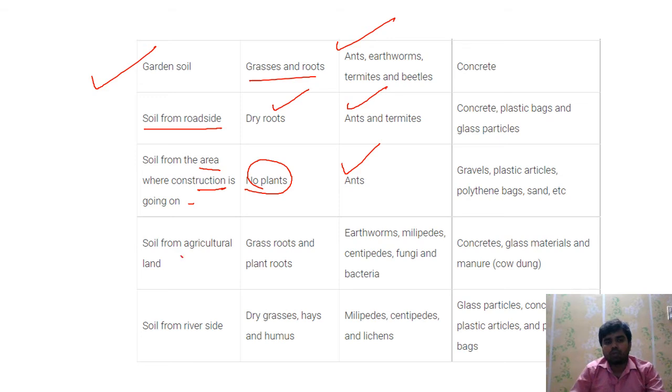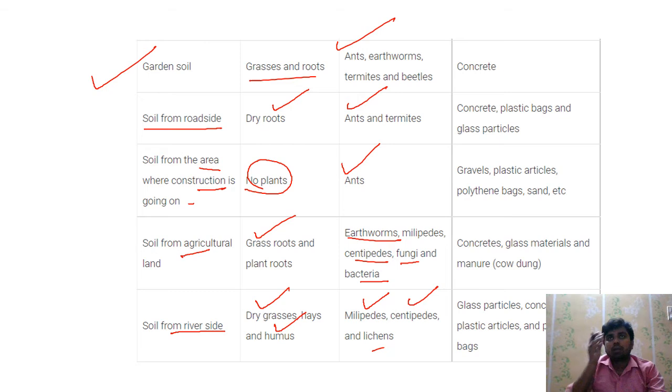In soil from agricultural land, there can be grass roots, and earthworms, millipedes, centipedes are common. Bacteria and fungi are also common. And from the soil from the riverside, grasses, humus are common, and there you can also find millipedes, centipedes and lichens. So basically this is a tabular form of the biotic components present in the soil.